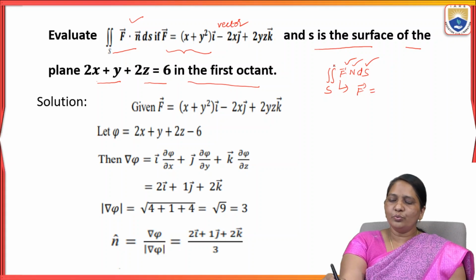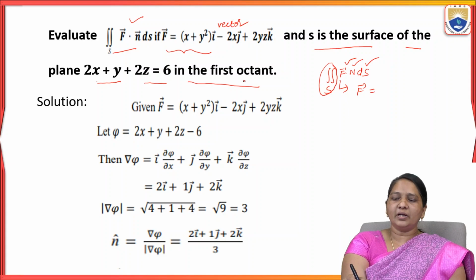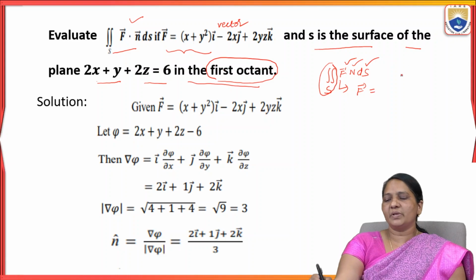We also have to know the limits over the surface, so they gave the first octant. In the first octant, we can take x, y and z values from 0.